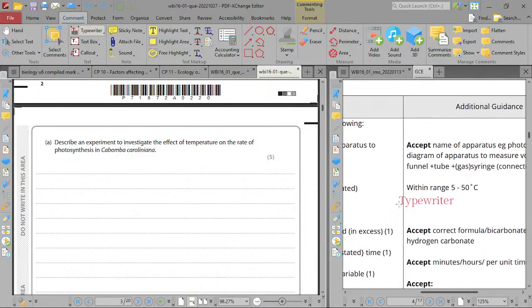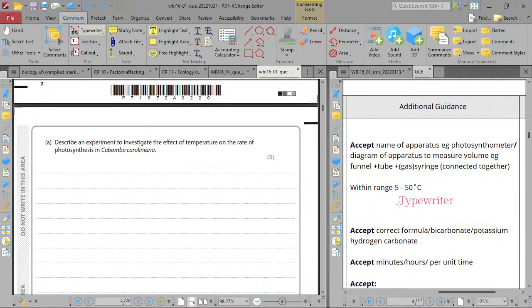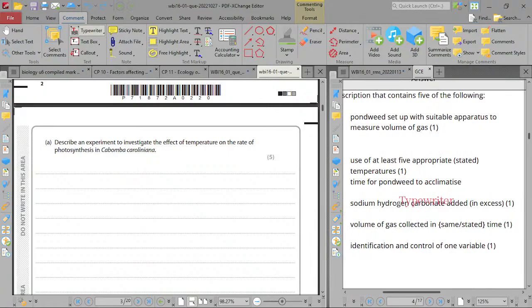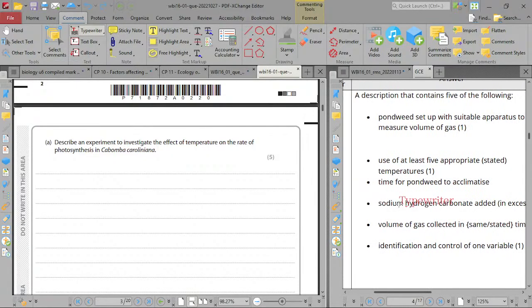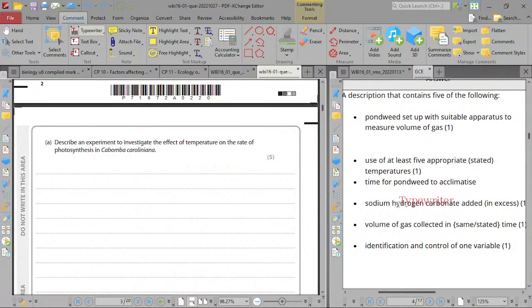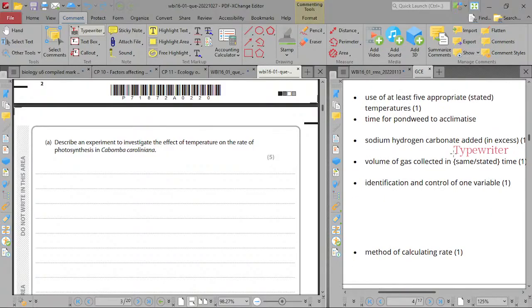So using a photosynthometer to measure volume of gas. Use at least 5 appropriate stated temperatures. Leave time to acclimatize, sodium hydrogen carbonate added in excess, volume of gas collected in 5 minutes.